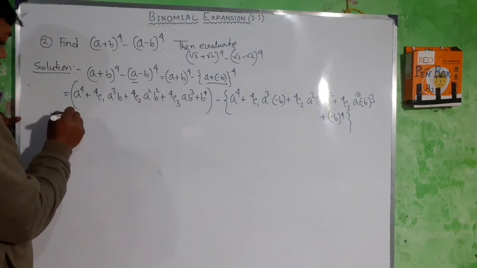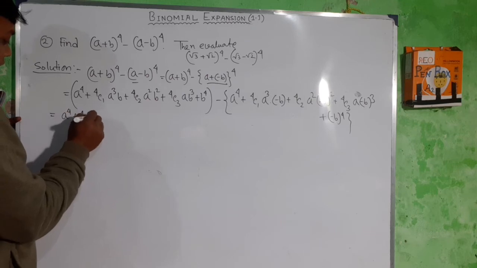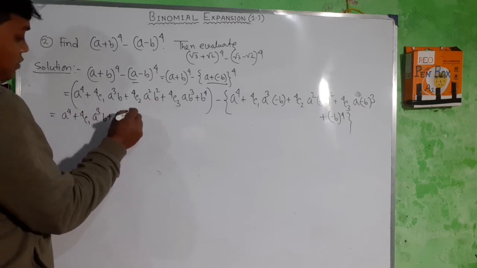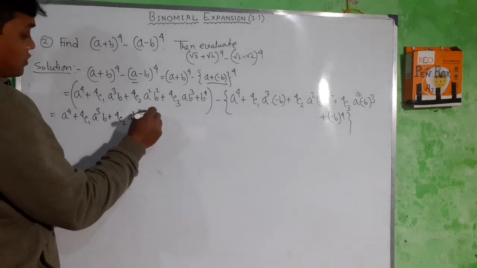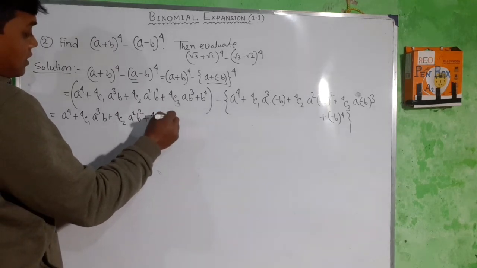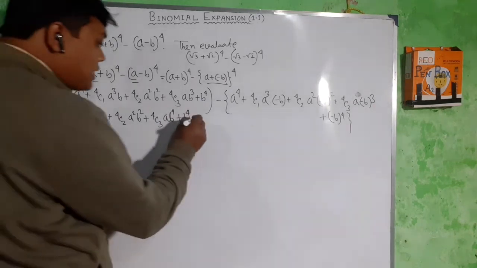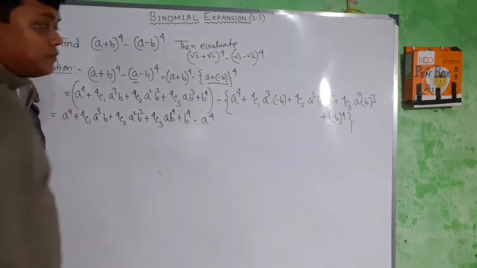A to the power 4 plus 4C1 a cube b plus 4C2 a square b square plus 4C3 a b cube plus b to the power 4, minus a to the power 4.